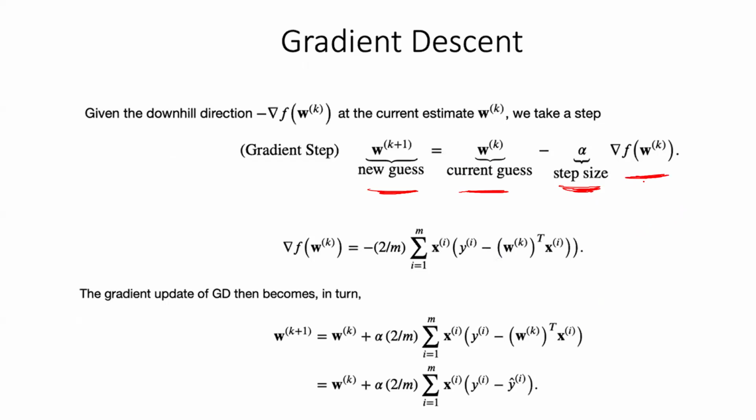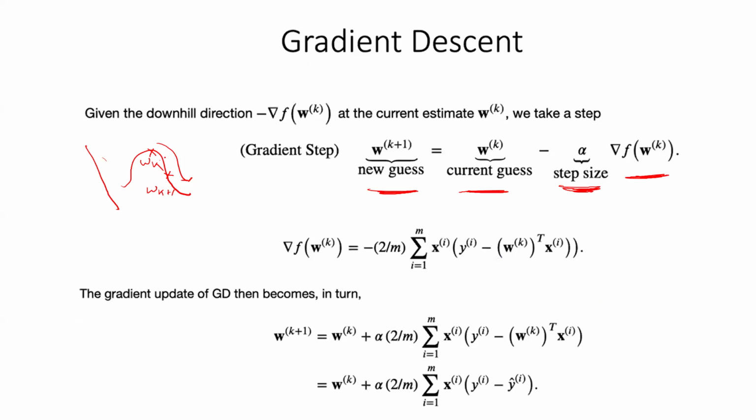So this is how we are going to calculate the gradient descent if you are going in the downhill direction. To find out the minimum cost function, initially it will be wk, next it will be wk plus 1. So this is my wk, then it is wk plus 1.